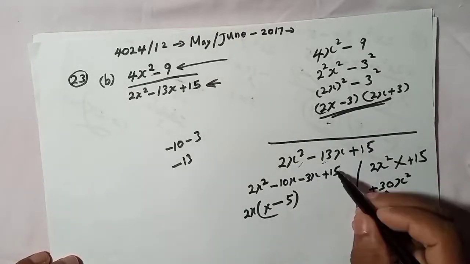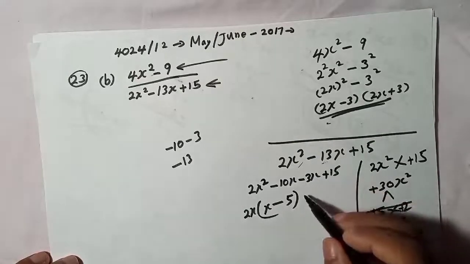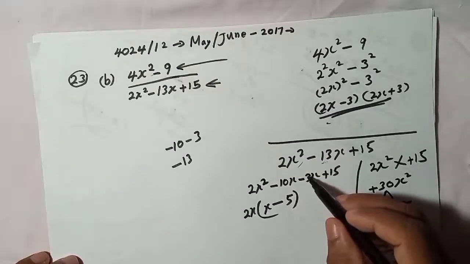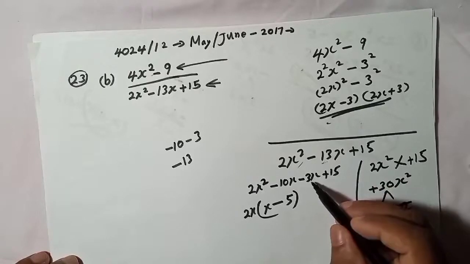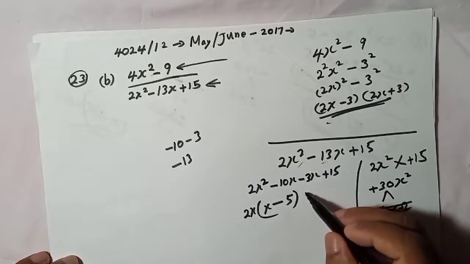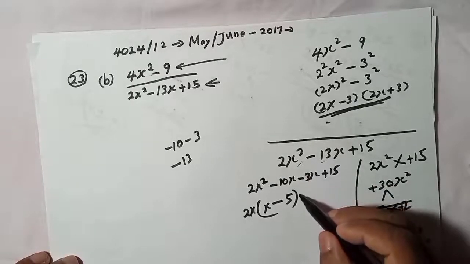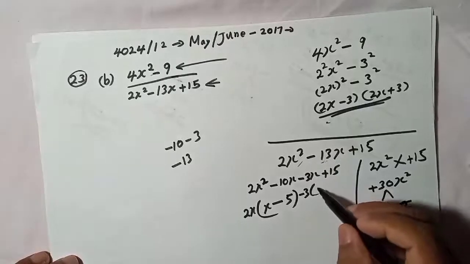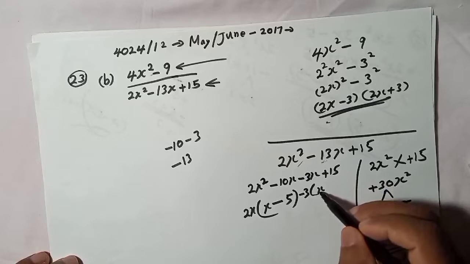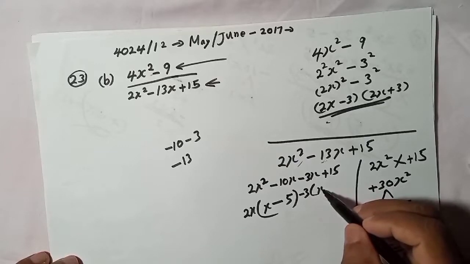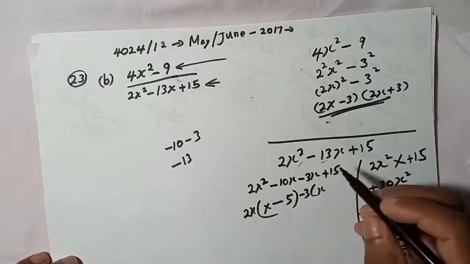And here what we should take outside is minus 3, because I can think of minus 3 into x, and 3 into 5, so minus 3 is common. So I take minus 3 outside with this sign. To become minus 3x, this should be plus x, so minus 3 into x gives minus 3x.